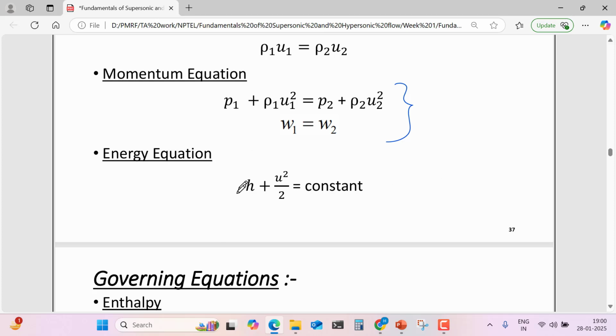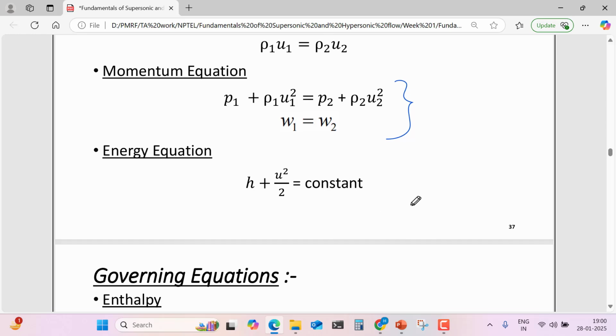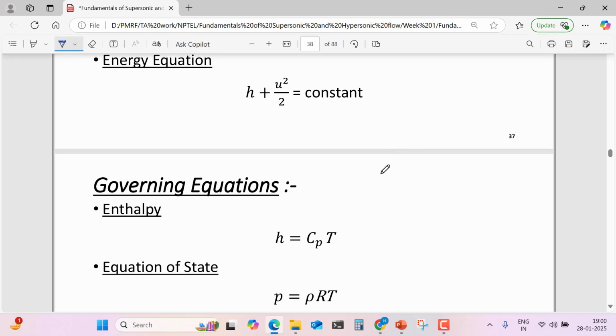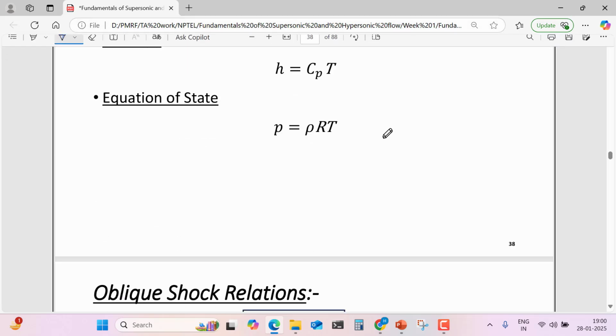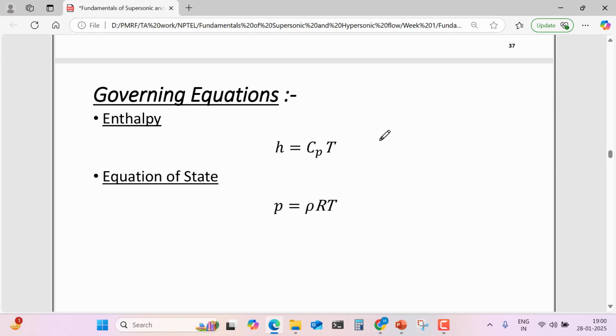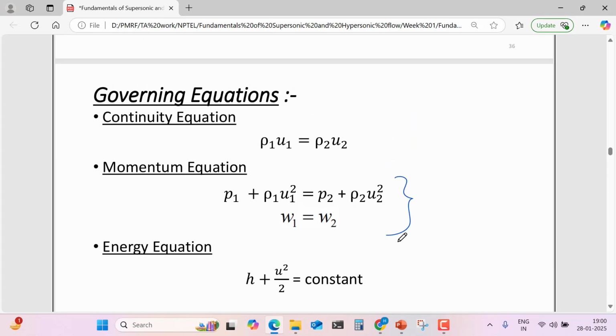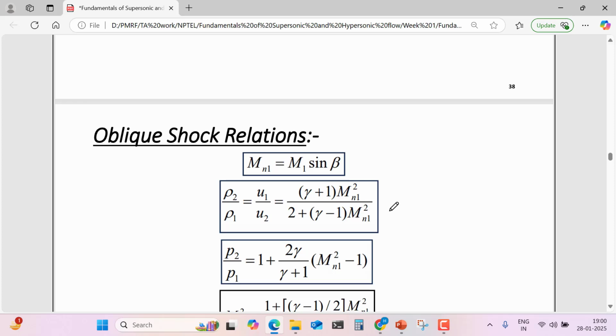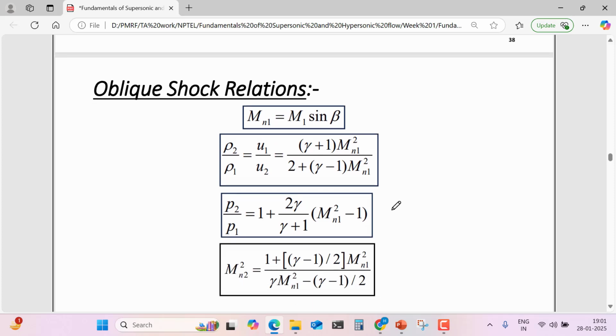Energy equation is same as before, h plus u square upon 2 equal to constant. Enthalpy is same for the calorically perfect gas, h equal to CpT. And the equation of state is p equal to rho R T. On solving all these equations, we will get equations in terms of Mach number.